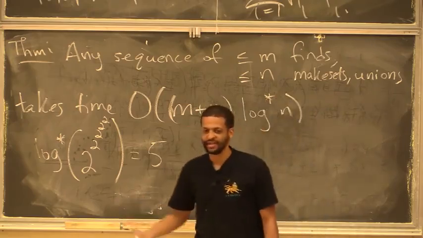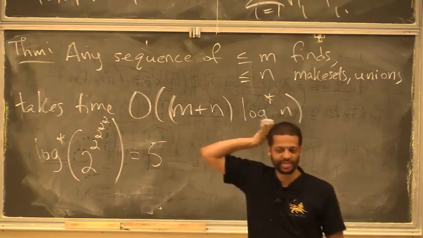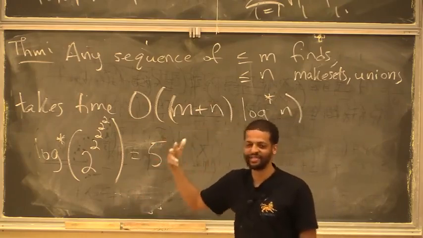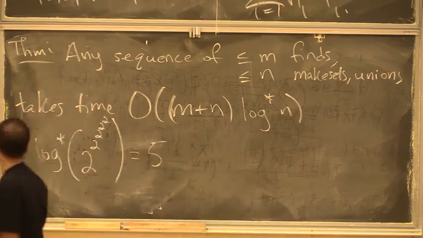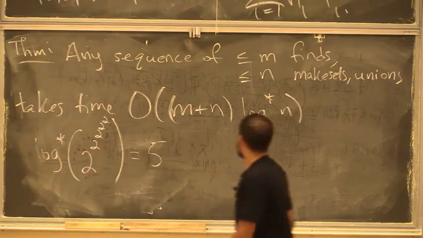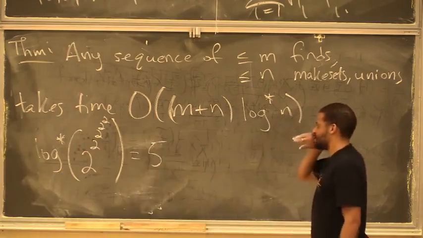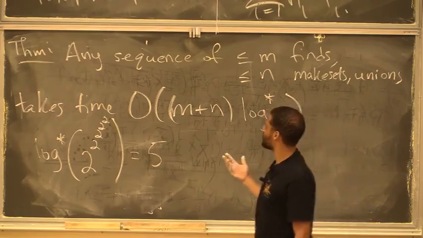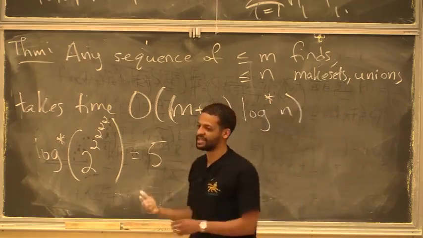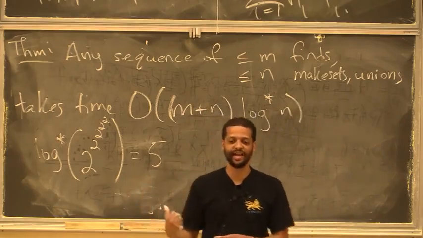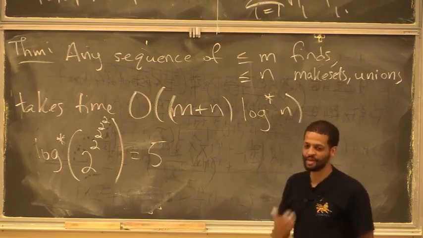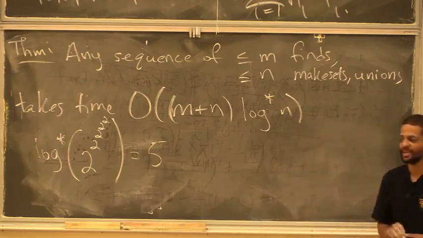And inverse Ackermann is a function that basically is never bigger than 4 in real life, even though in theory it could go to infinity. And in fact, that's a tight analysis. It's possible to come up with operation sequences that force the algorithm to actually take time m times the inverse Ackermann function. So that really is the correct bound.